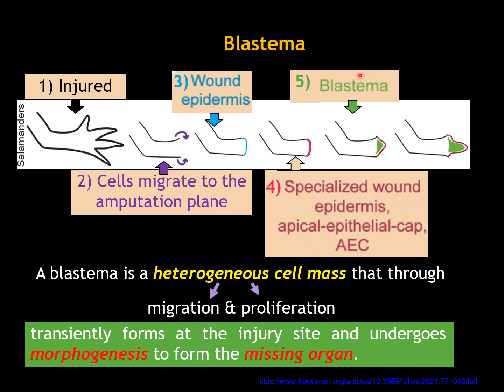And what is a blastema? A blastema is a heterogeneous cell mass that, through migration and proliferation, forms at an injury site and undergoes morphogenesis to form the missing organ. So you see, to some degree it's similar to what happens with the flatworms.